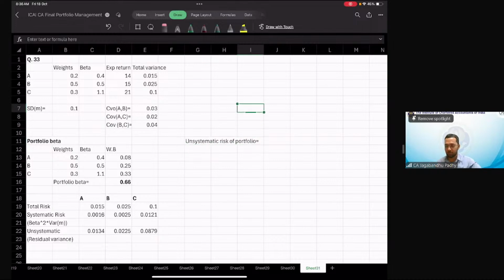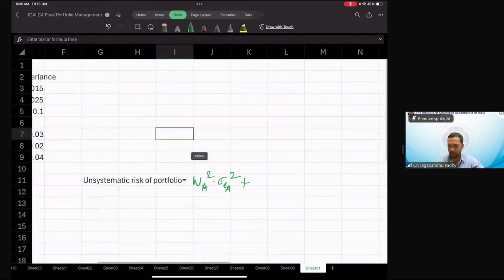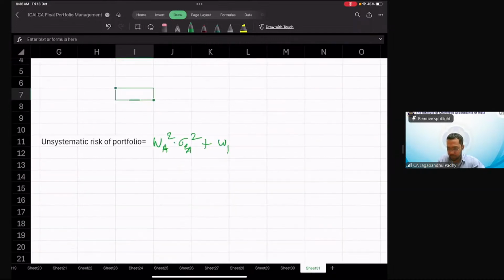Unsystematic risk of portfolio will be like weight of x square into variance of error of x plus weight of, okay, so we have A, B, C. So weight of A square into variance of error of A plus weight of B square into variance of error of B plus weight of C square into variance of error of C.